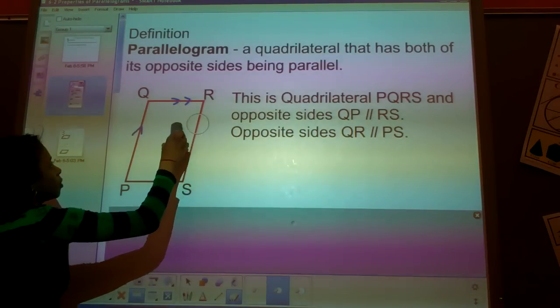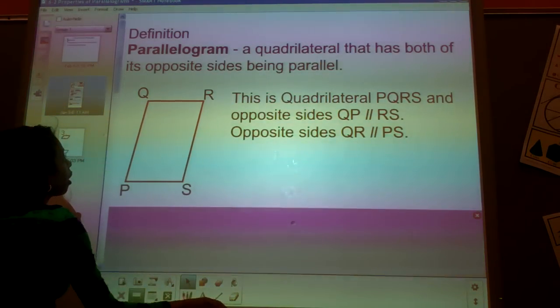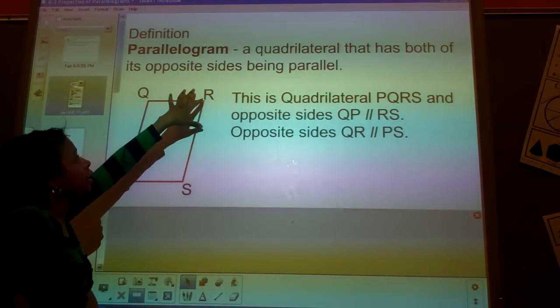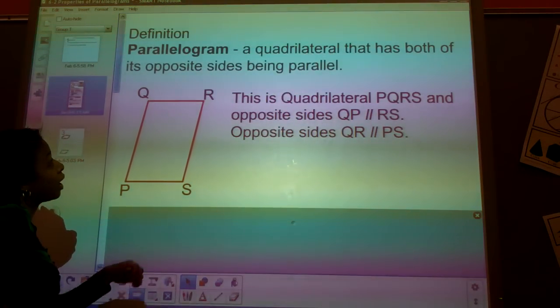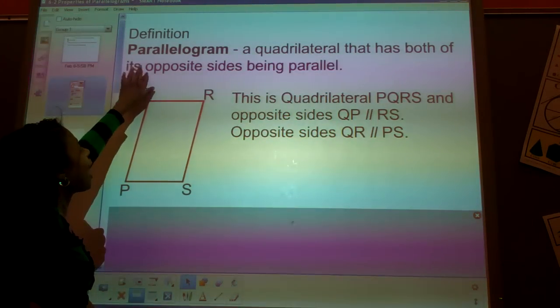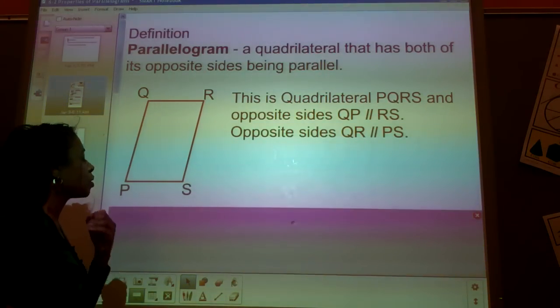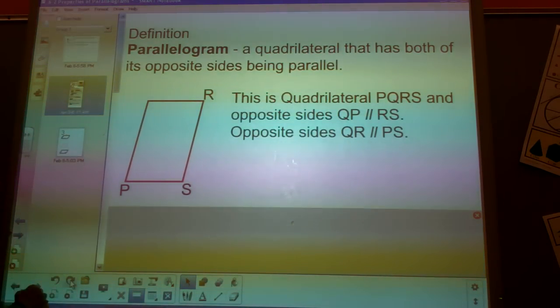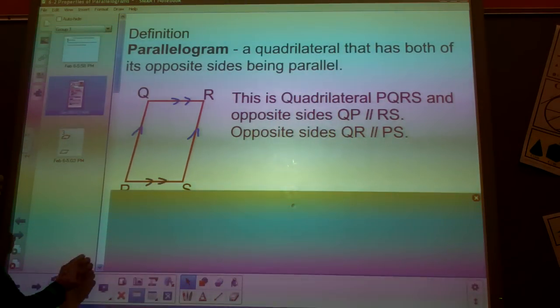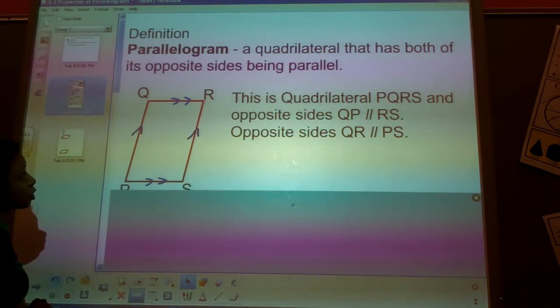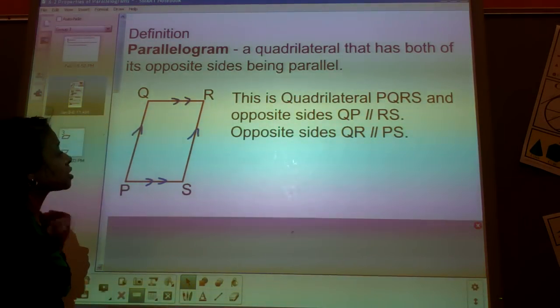To begin, it's simply a quadrilateral, a four-sided polygon, that has both pairs of opposite sides parallel. As I just erased, I'm going to put back in. So, on this particular quadrilateral, the opposite sides will be parallel.